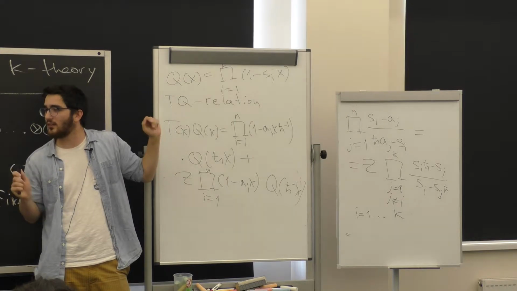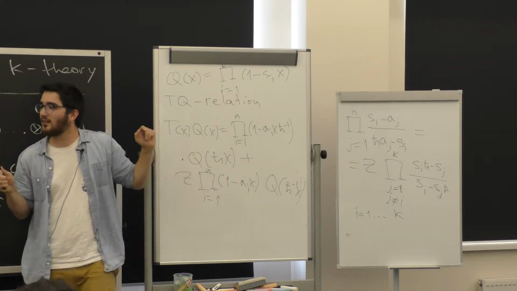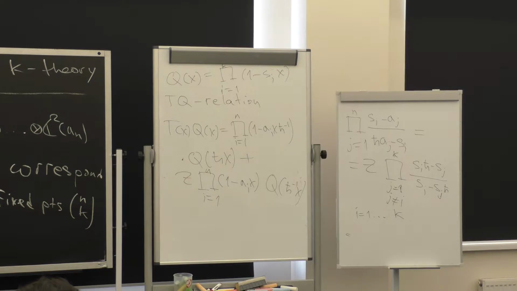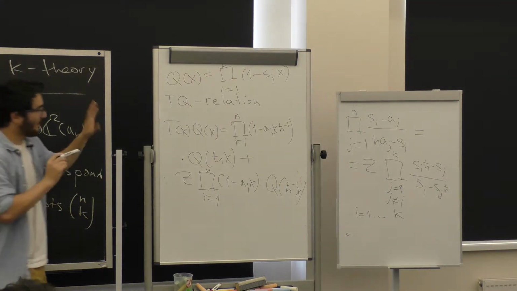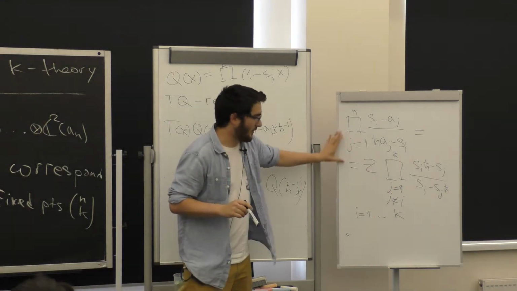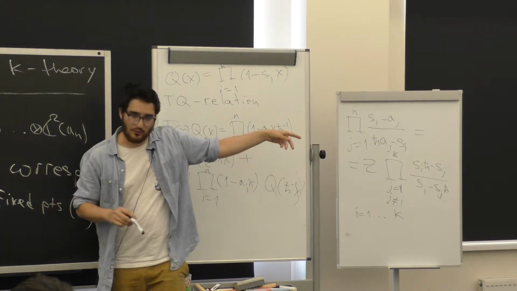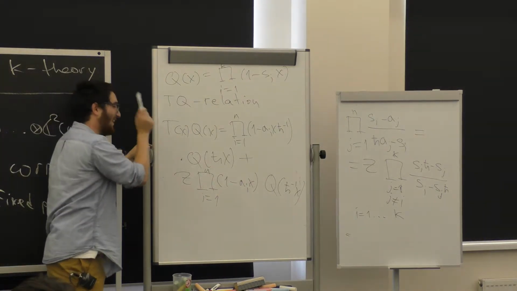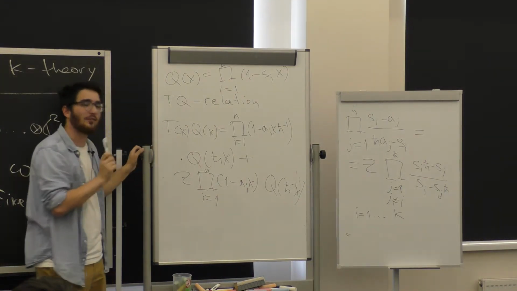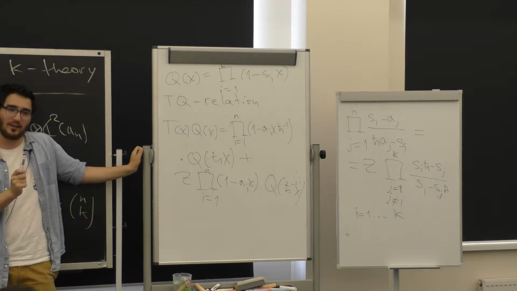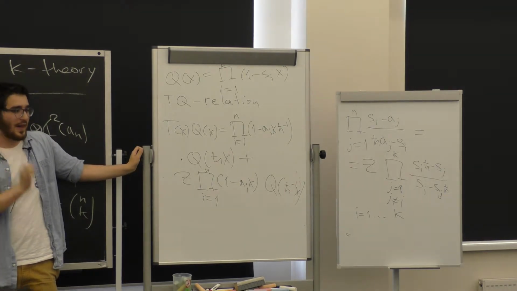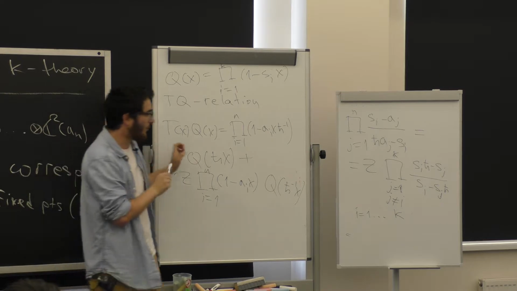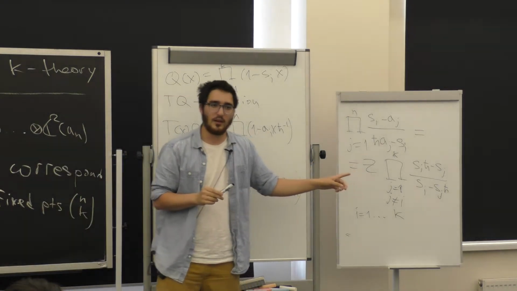Yeah, the eigenvalues. Yeah, this is only true since this is about the spectrum, this is about eigenvalues, and yes, thank you. So eigenvalues of T are polynomials in x, and that is in fact equivalent to the Bethe equations.